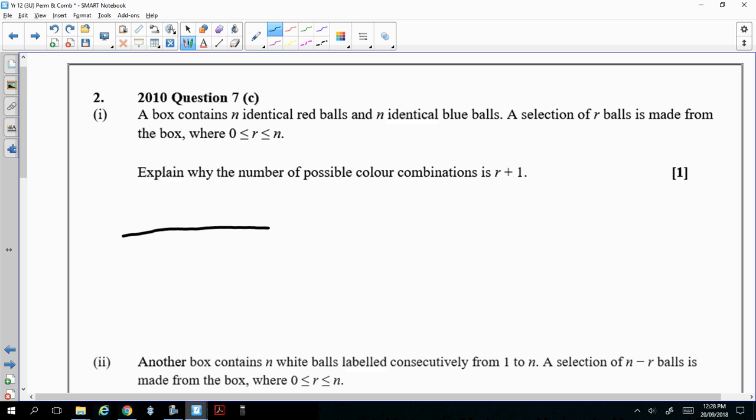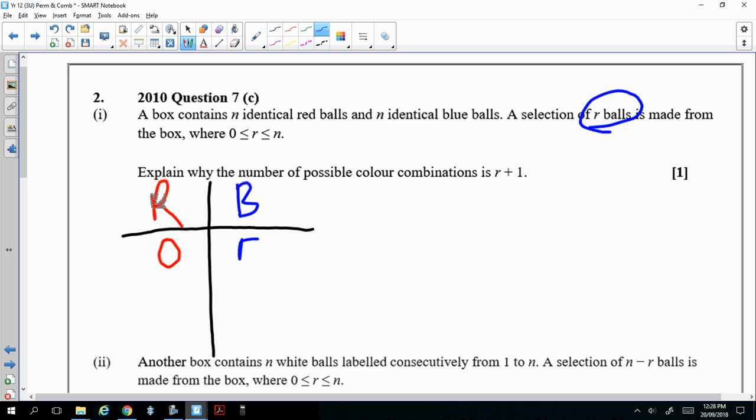You could have no red balls, r blue balls, because you select r balls altogether. Or you could have one red ball, r minus 1 blue balls. Or you could have 2 red balls, r minus 2 blue balls. All the way to r red balls, no blue balls.